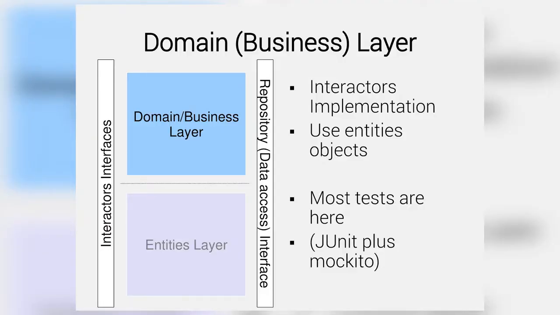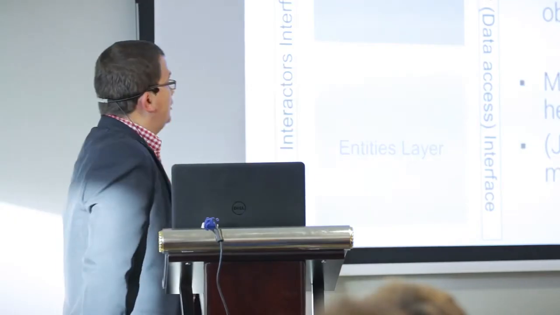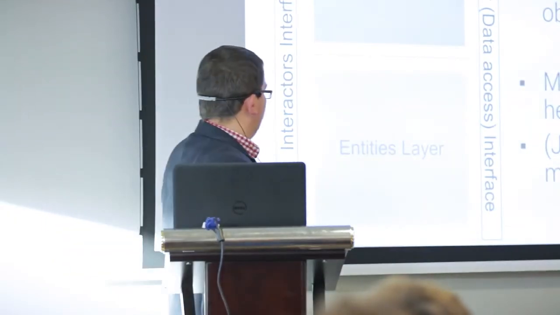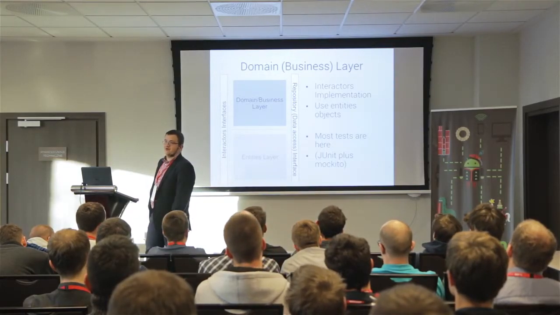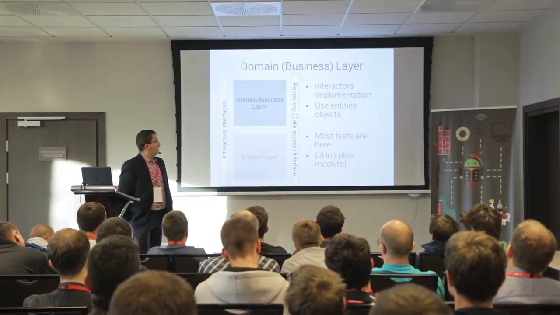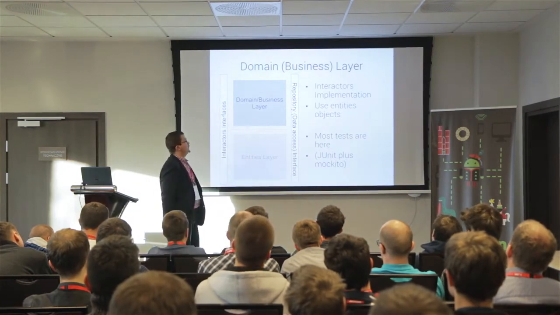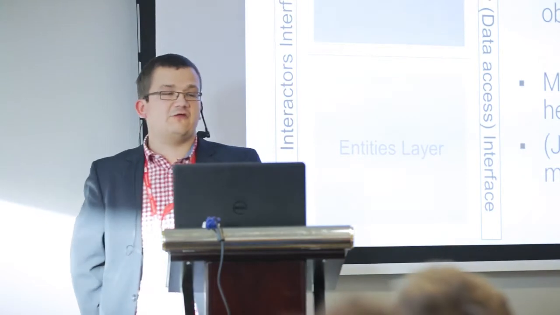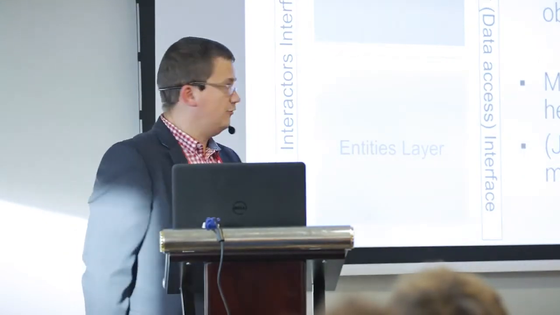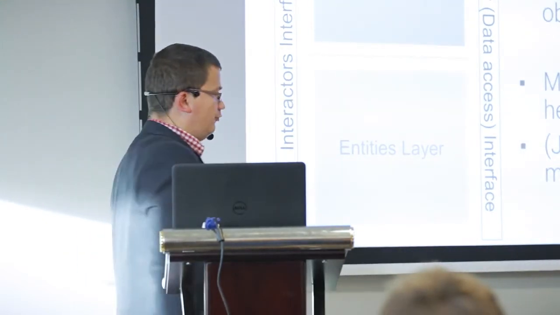So here we put the interactors implementation. We use the objects which we defined here, and most of the test cases should go here. As we are totally independent from Android, we can use standard JUnit to test this logic. What does this mean for us?